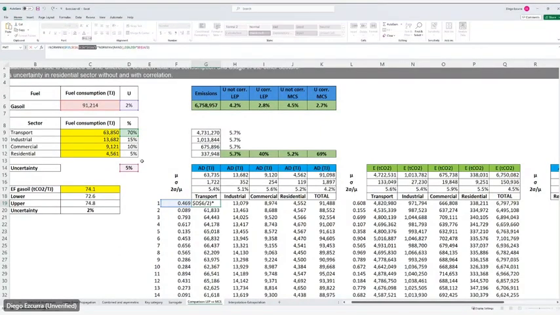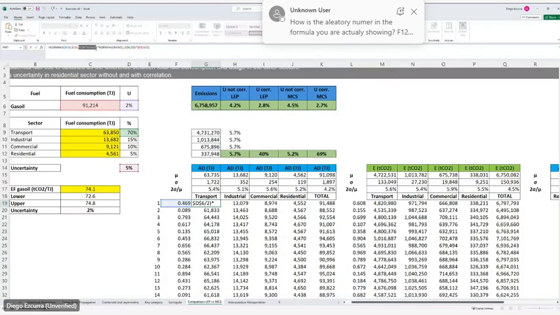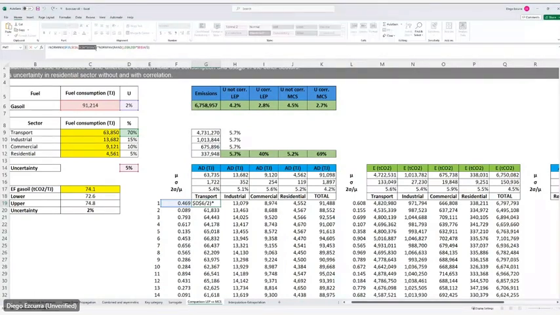So if we assume a normal distribution, the half width of the 95% confidence interval will be around 2 times the standard deviation. That's why you see here that I divided the uncertainty by 2. In reality, I should have divided it by 1.96, which is the statistic for the distribution, but it's really a negligible difference.